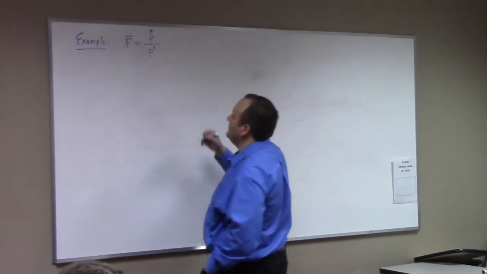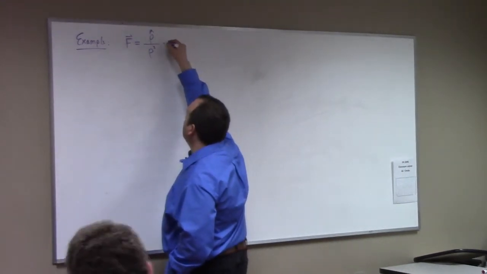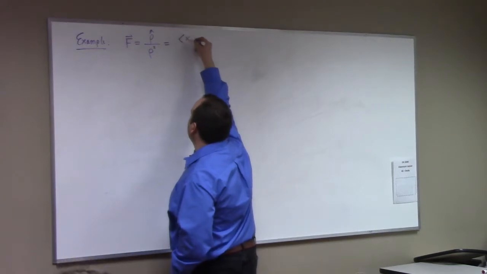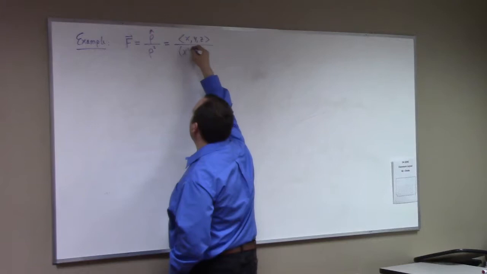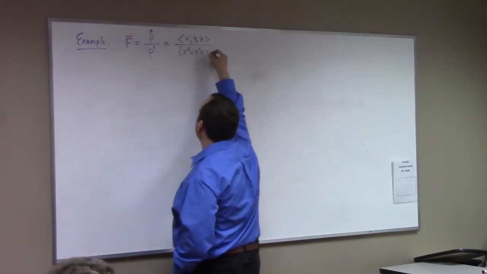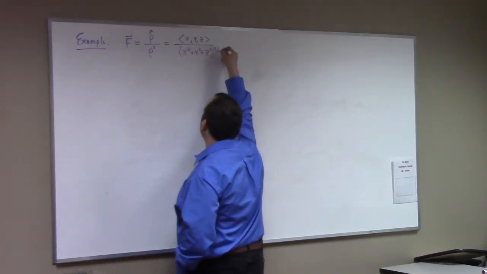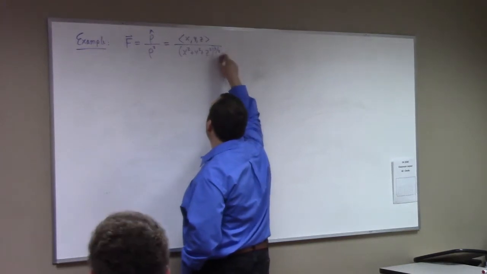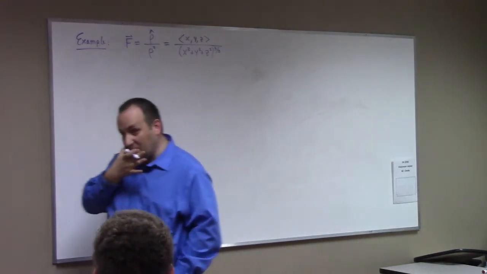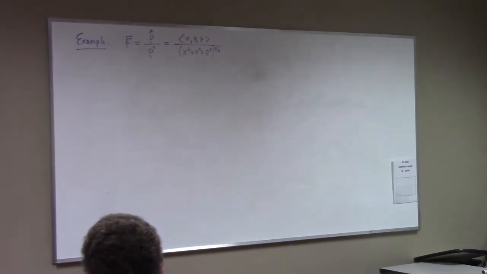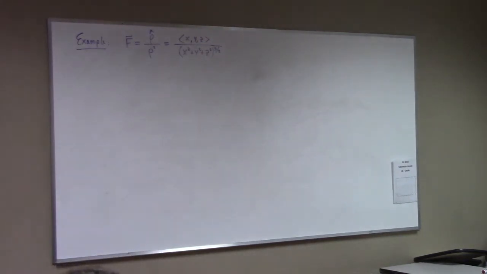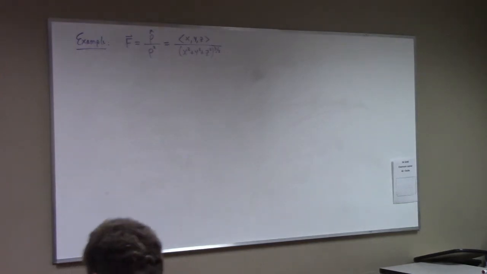In Cartesian coordinates, this looks like the vector field x, y, z divided by x squared plus y squared plus z squared to the 3/2 power. This field is the inverse square law. Spherical. If you were to picture it, it just emanates out from the origin in all directions, spherically symmetric, and its magnitude drops off as the square of the distance from the origin.